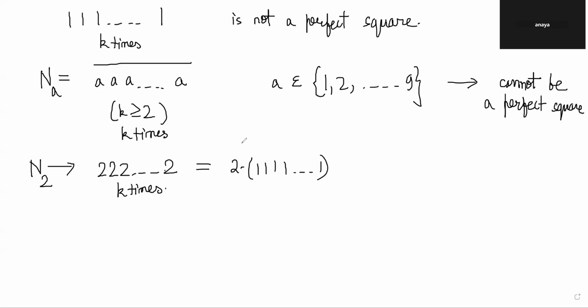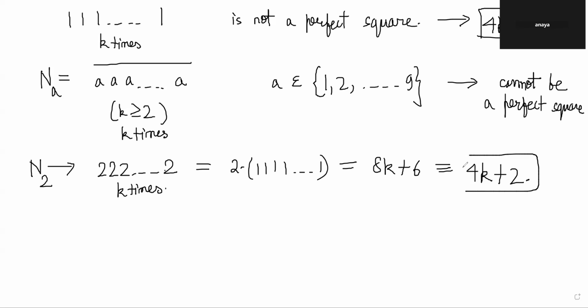And we already learned that 1, 1, 1 and so on was of the form 4k plus 3. So 2 times that would be of the form 8k plus 6, which is actually going to be 4k plus 2. Modulo 4, this is 4k plus 2. So that is clearly not a perfect square. So we have figured out N2 is not a perfect square.